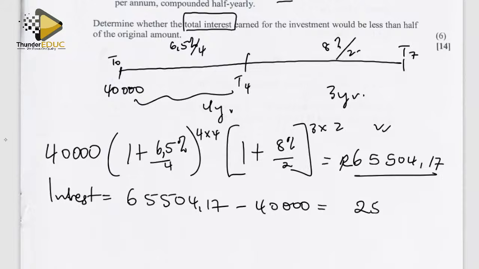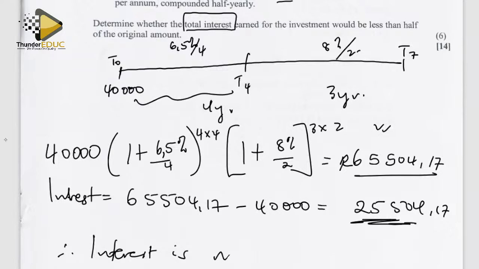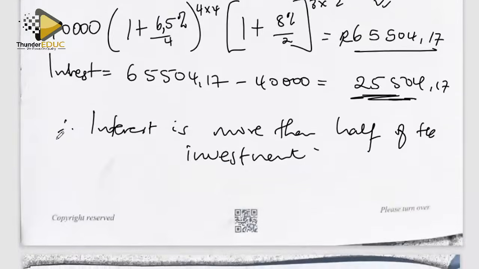So this gives us 25,504.17. So definitely this is more than half. Therefore, it's saying that the interest is more than half of the investment. Okay, so that is how this question would have been answered.